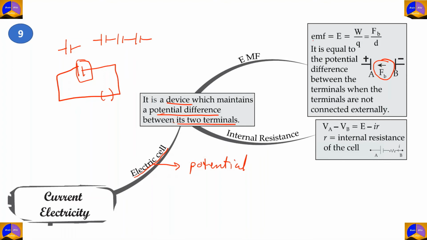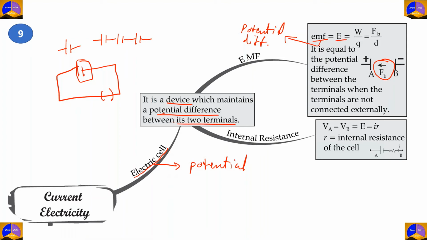Now, note here that EMF stands for electromotive force, but it is not force. It is potential difference. The misunderstanding probably occurred in the early ages of electricity when this quantity was not fully understood. Let's find the electromotive force present on an electric cell.